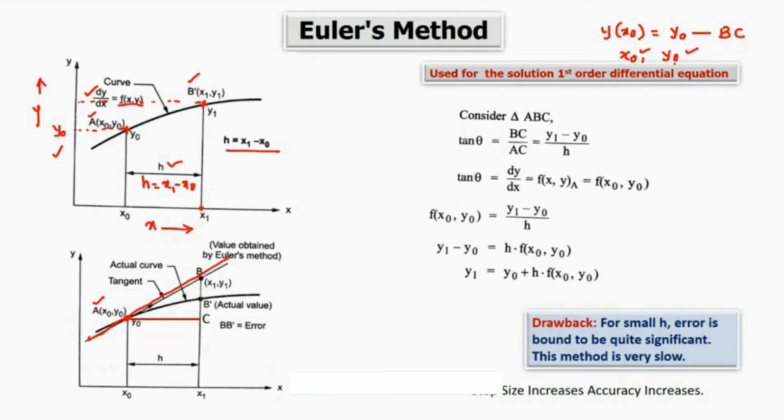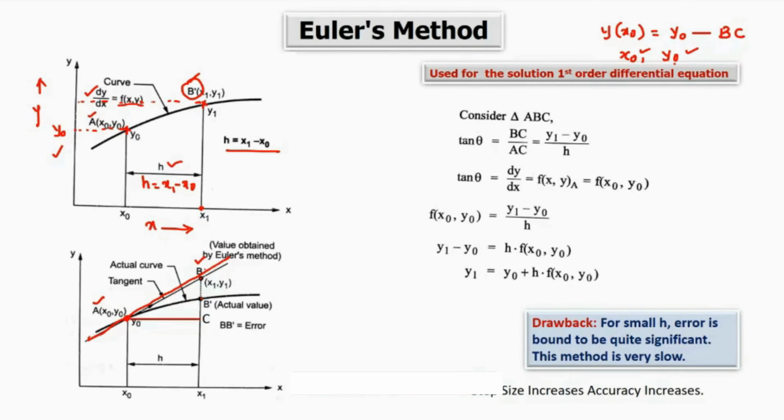In the tangent concept, first consider this point B, and here is the actual B dash point. This point lies on the curve, but we are considering this one because we are utilizing a tangent concept. So this is our tangent line, this point is B, and this is the B dash point. Now you draw a horizontal line.